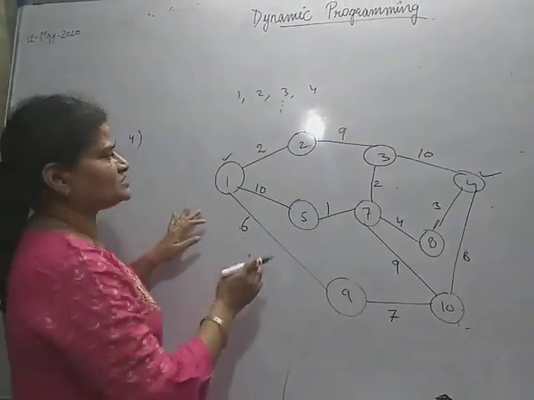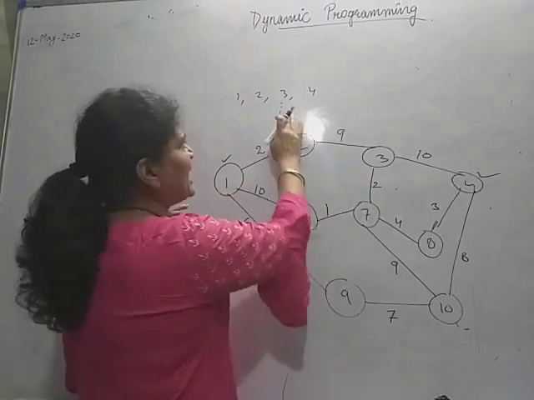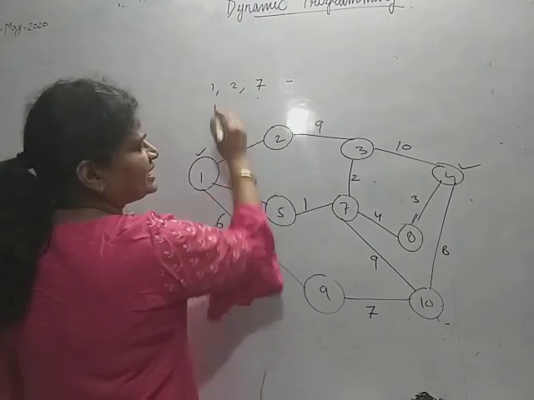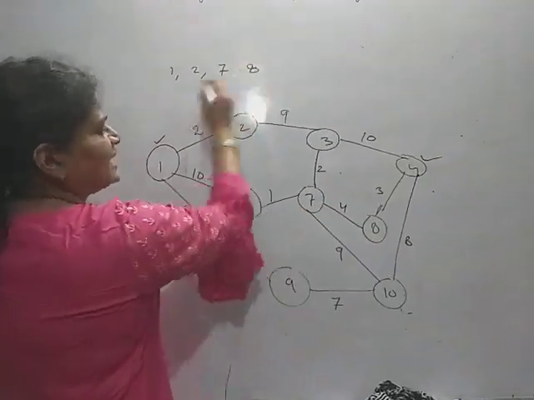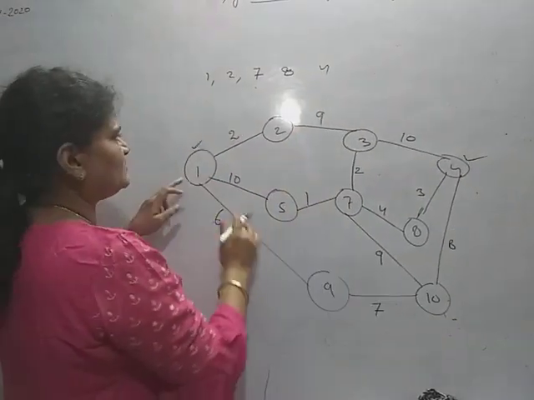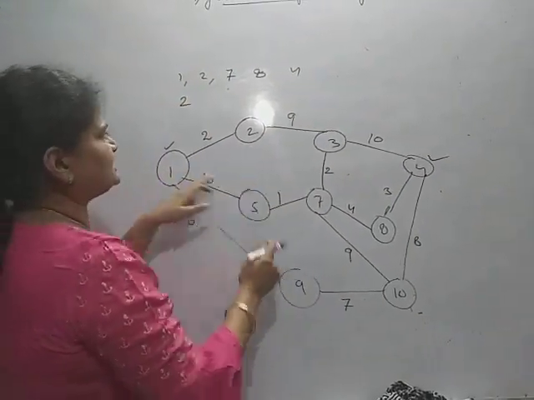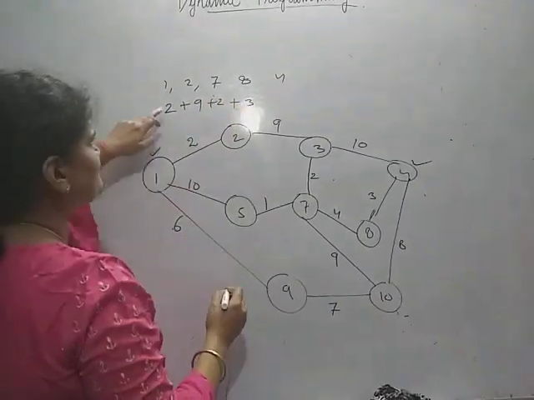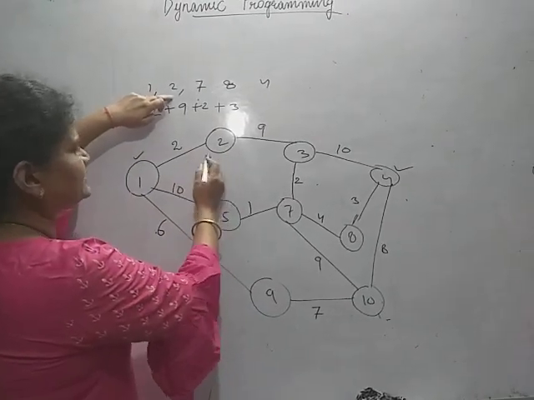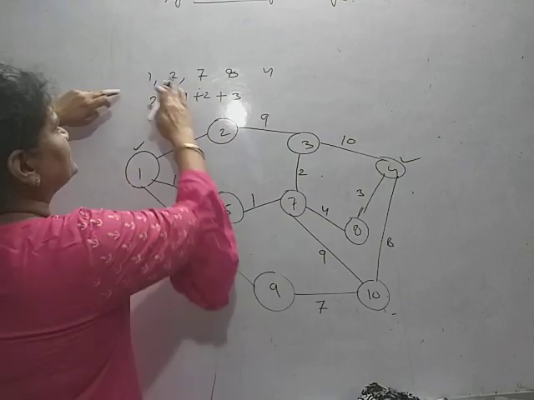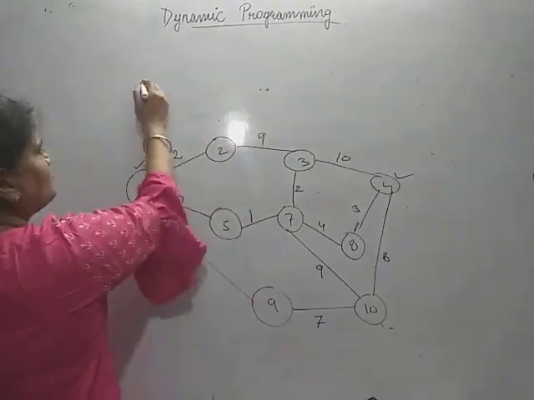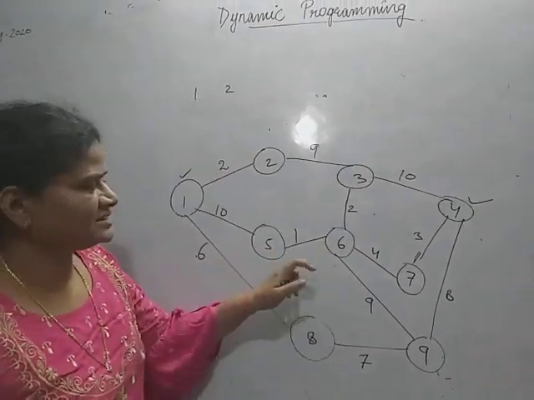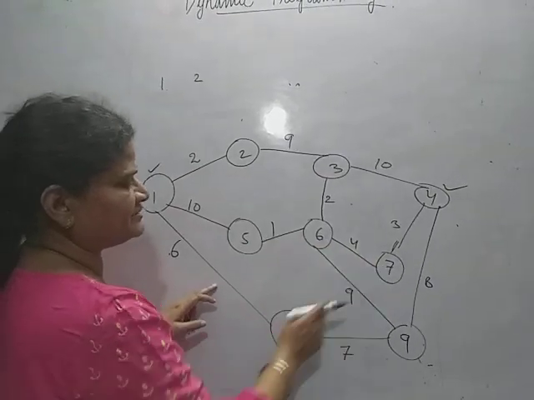This is one solution, because from 2 there is only one adjacent vertex, and from 3 there are 2 adjacent. Now I have not mentioned 6, so let me renumber the vertices 6, 7, 8, 9.